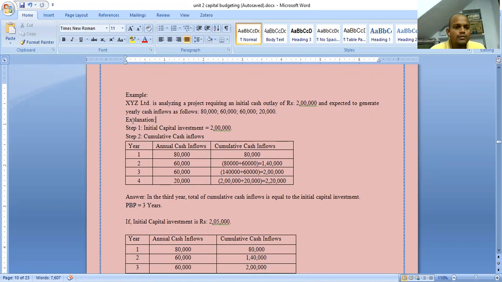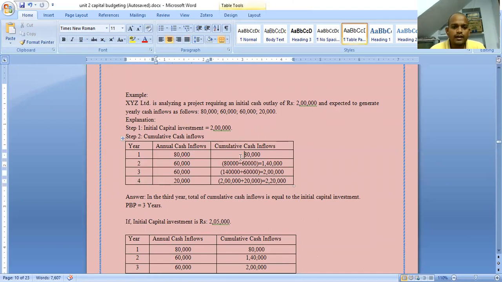So the first step: initial capital investment, 2 lakhs. Second step: we have to determine the cumulative cash inflows. So cumulative cash inflows: 80,000 in year 1, and in year 2 we add the 60,000 to 80,000, so we get 1 lakh 40,000.